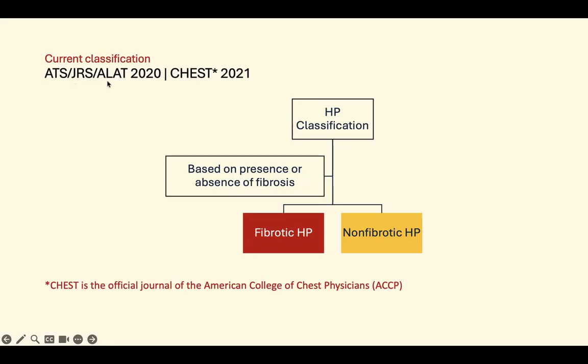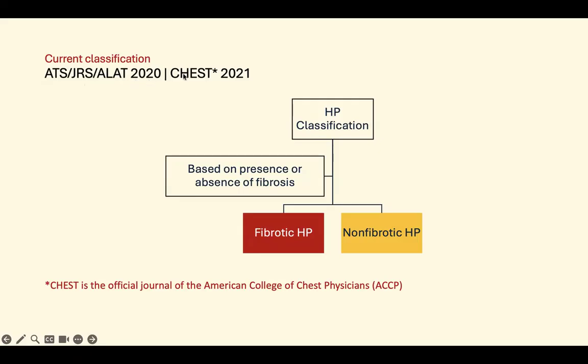This classification is established by two organizations or societies. First, in 2020, we have the American Thoracic Society, Japanese Respiratory Society, and Latin American Thoracic Association. These societies established a classification in 2020.